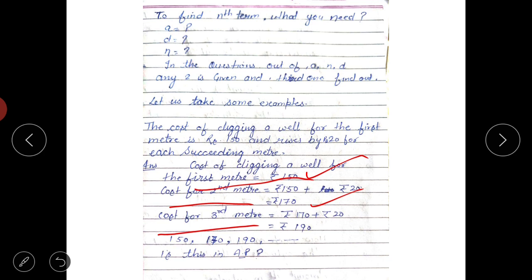So 150, 170 and 190 are the successive costs of the successive meters.